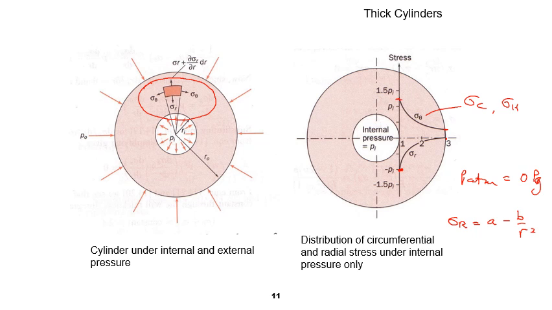It is highest on the internal surface, and it is much higher than Pi, right? So the circumferential or hoop stress is the largest stress in a thick cylinder, and when you have internal pressure only, it is the largest on the internal surface.